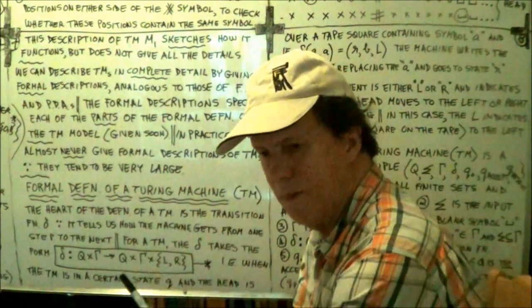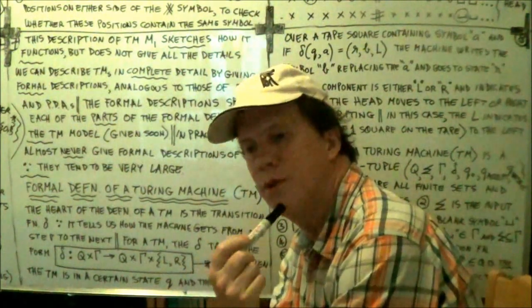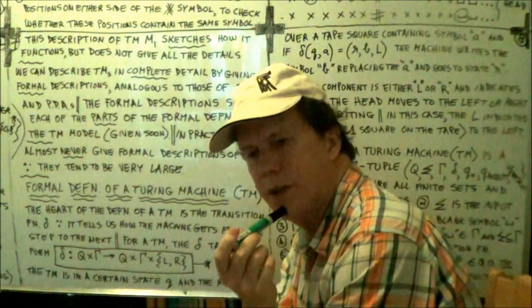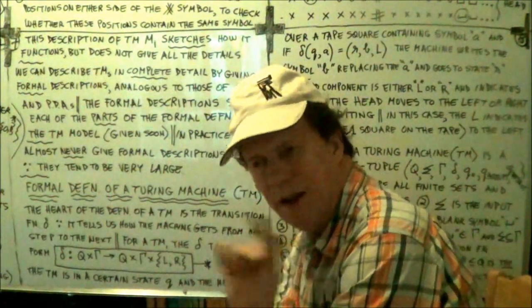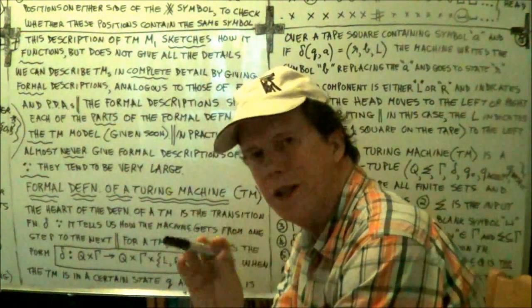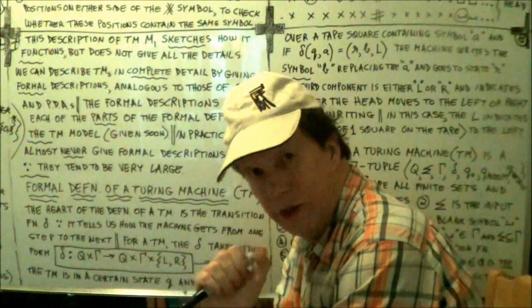So what we've done so far is really just a sketch, right? The full details are not there. To get all the details of how it functions, you need a formal definition.